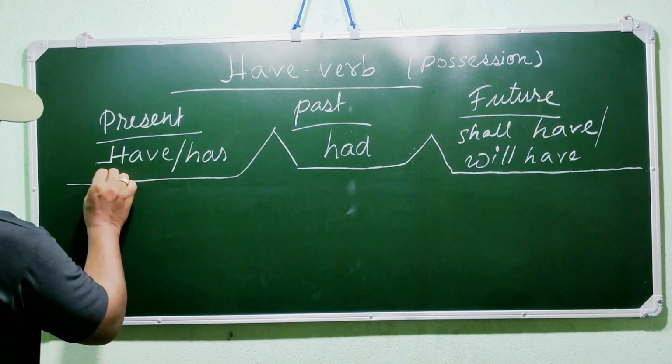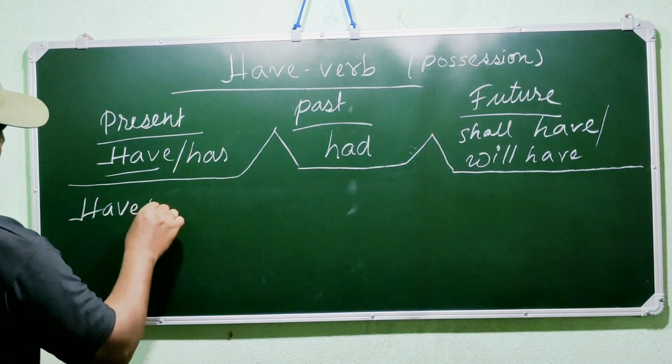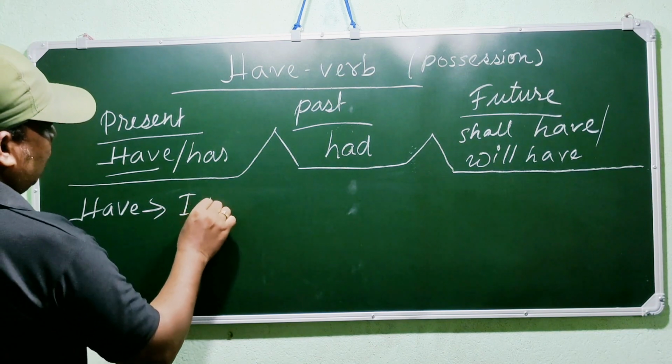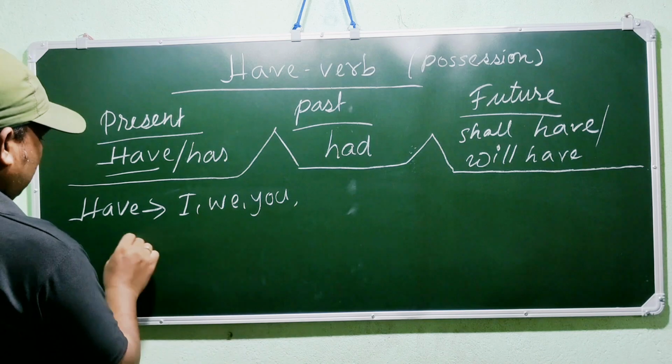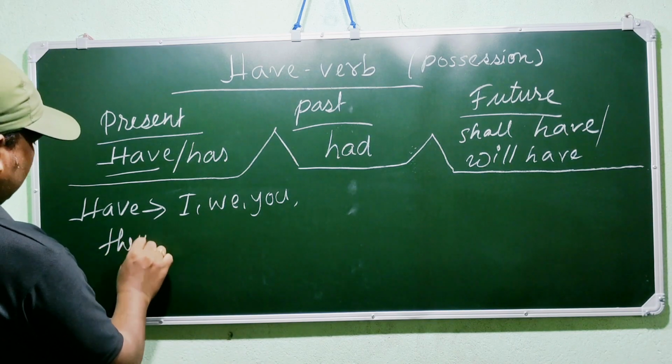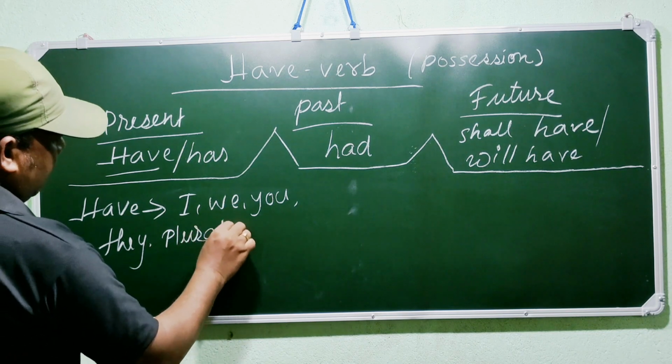So first of all we have to know when we use the verb "have". "Have" is used for I, we, you, they, and plural nouns.